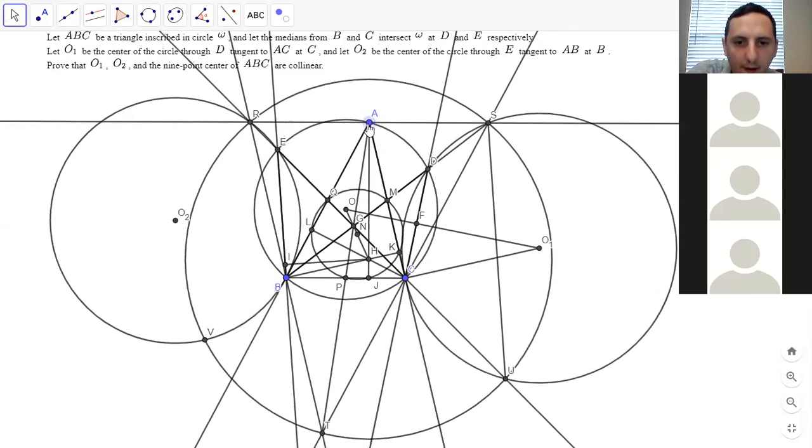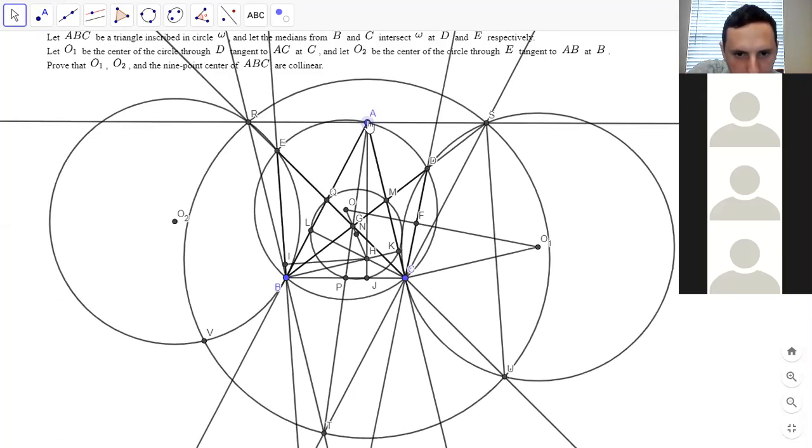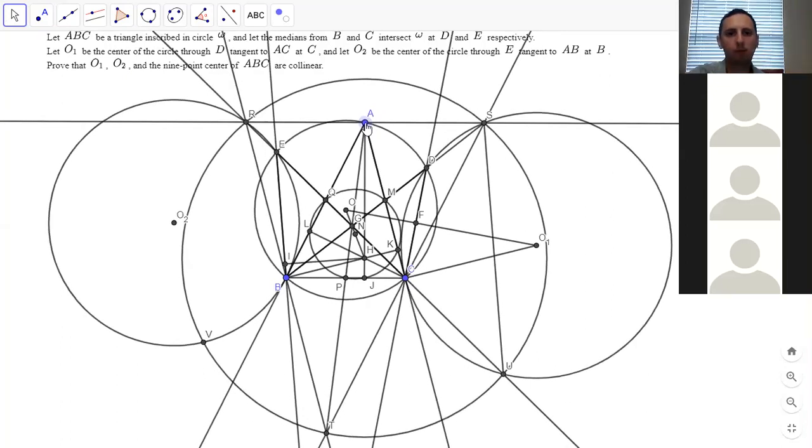So if we know that, then if we want to show SU is parallel to BE, we could try to show angle SUE is angle BEU.